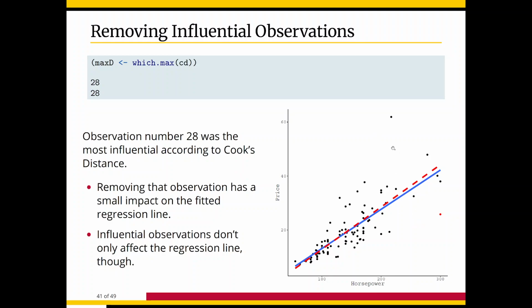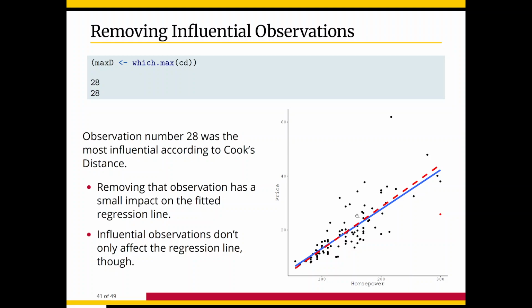So what we have here are two different visualizations. The blue line is the original best fit line, fit to all of the data. And then after we delete this red point, which was number 28, the most influential case, we get the dashed red line. That's our best fit line after deletion.